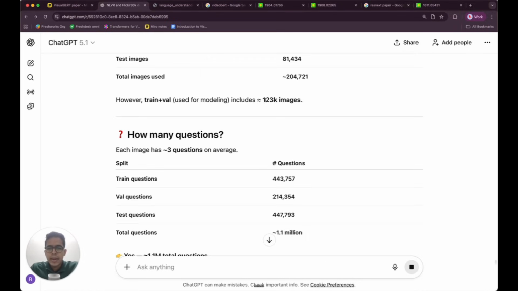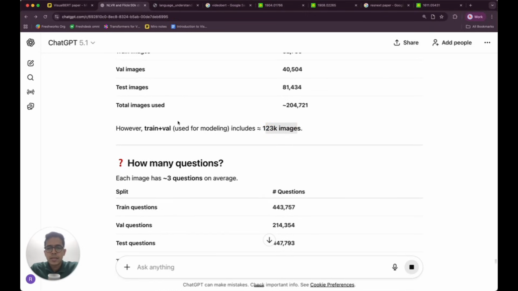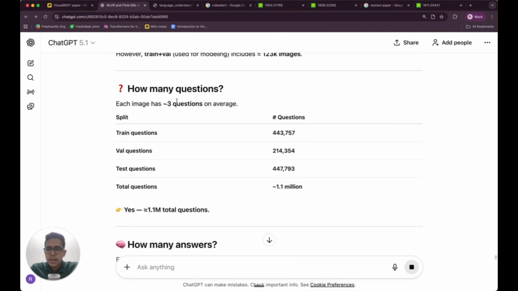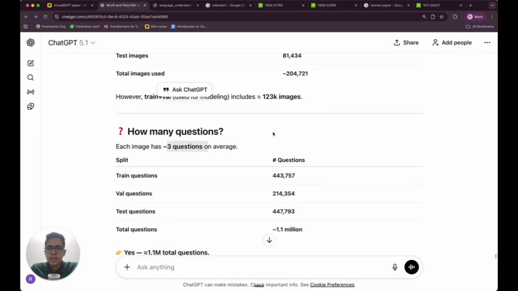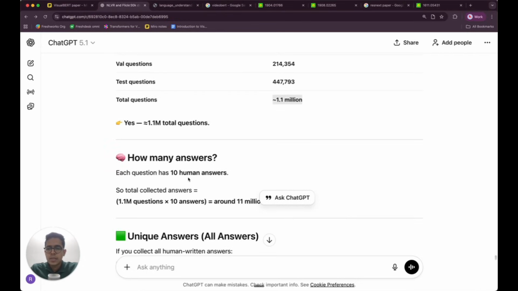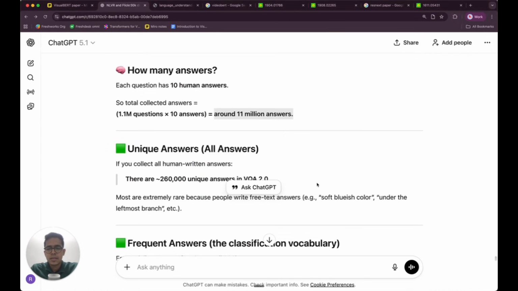Okay, so VQA has around 120K images, counting train and validation. Train is 80K, but if it is a Karpathy split, it's more than that. Then each image has 3 questions on average, which means around 1 million questions. Each question has 10 human answers. So there are around 11 million answers.